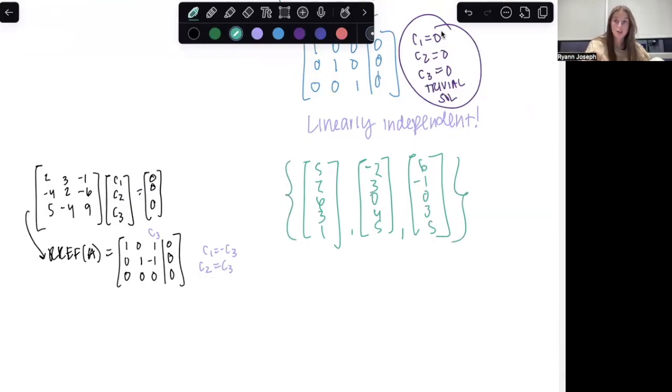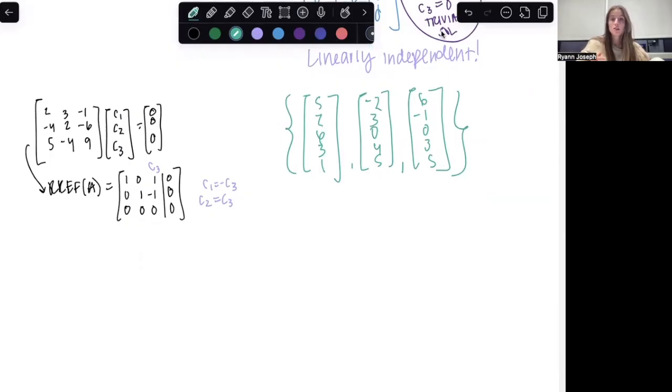You will do the same thing. You'll put them in column-wise. You'll do the reduced row echelon form, and you will see, is there a solution? Is there a unique solution besides the trivial solution, or are there infinitely many solutions? Those are going to be your options, because you're not going to have no solution, since that's not what you're looking for.